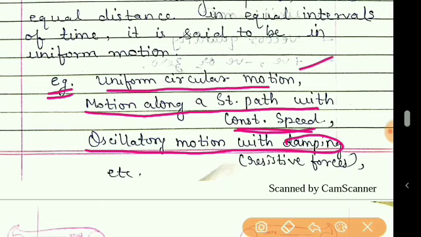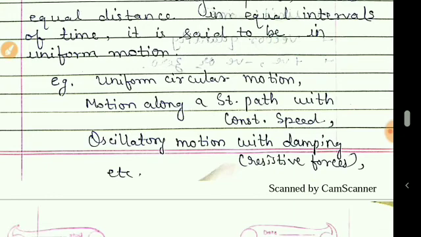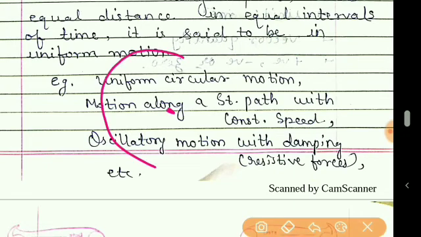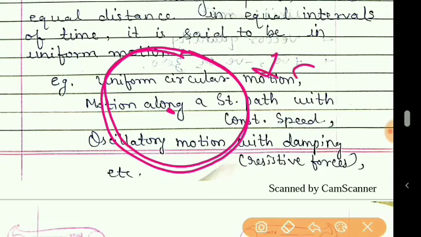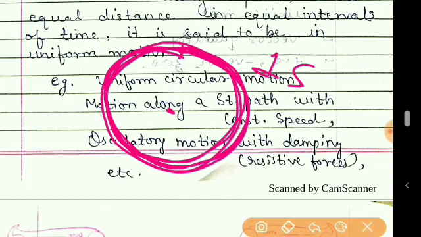Now let us see what uniform circular motion is. If an object is moving on a circular path, and suppose it completes one circular path in 1 second, and every time it takes only 1 second to complete one circular path during its motion, then we can say that it is a uniform circular motion.